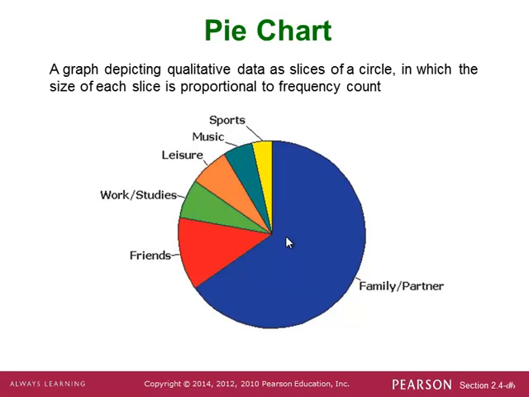So if I'm doing this by hand, I would have used a calculator to find that there's 234 degrees, and then use a protractor to mark off the 180 degrees to get half of it. 234 minus 180 is 54, so I'd mark off another 54 degrees to get this piece of it. And then the angular measurement for these other sectors are likewise a certain, respective percent of 360 degrees.